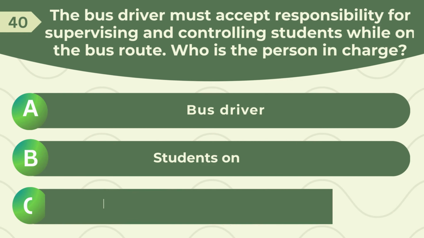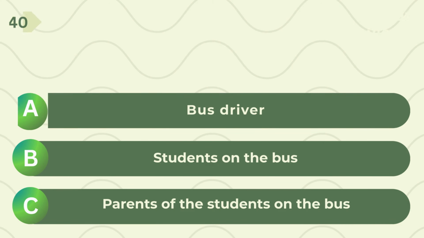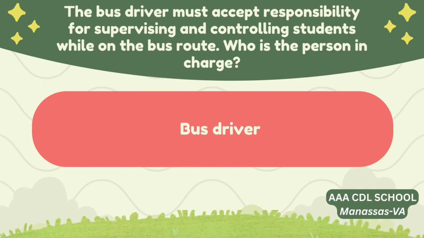The bus driver must accept responsibility for supervising and controlling students while on the bus route. Who is the person in charge? A. Bus driver. B. Students on the bus. C. Parents of the students on the bus. Correct answer: bus driver.